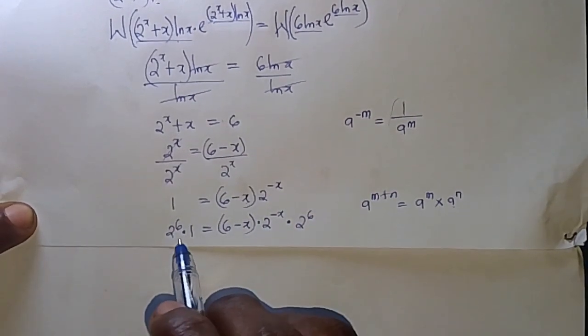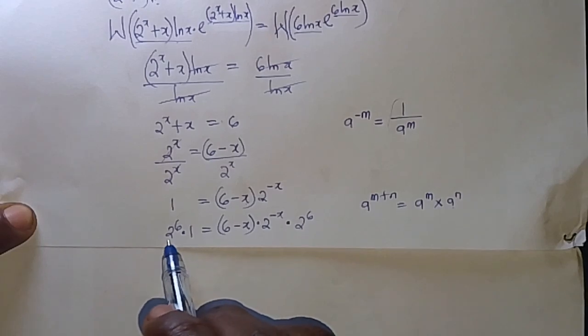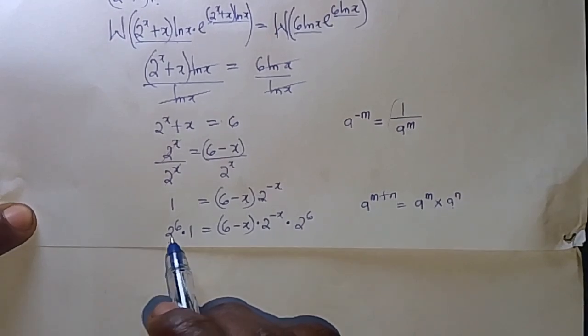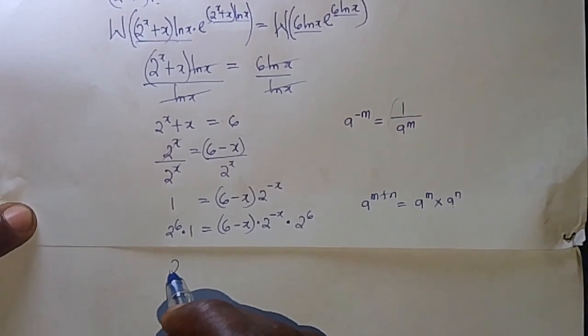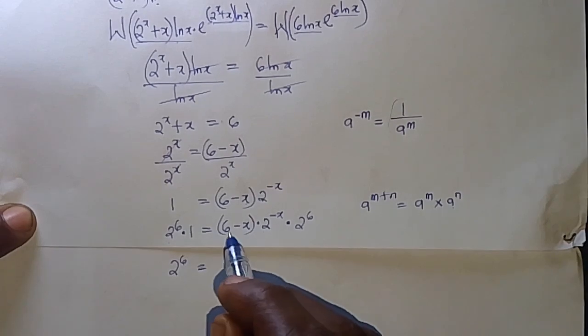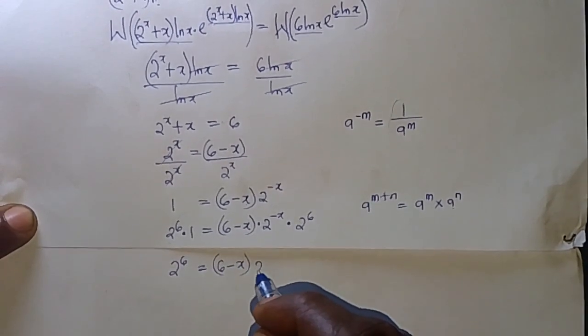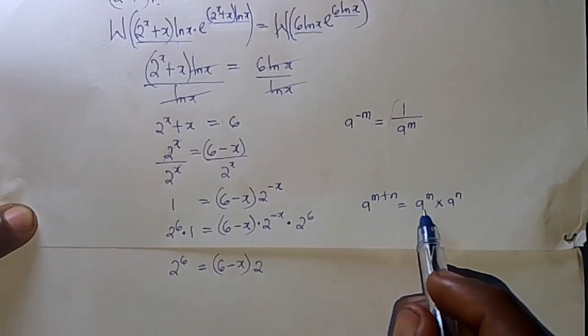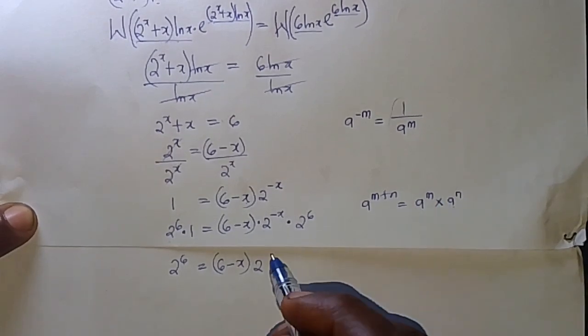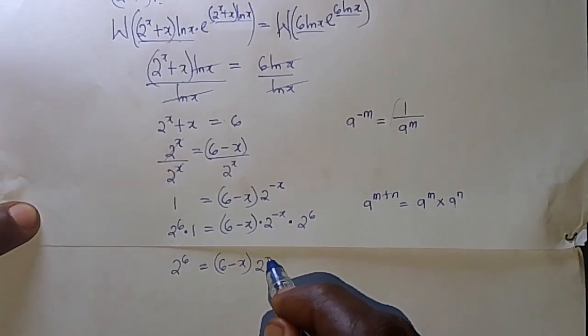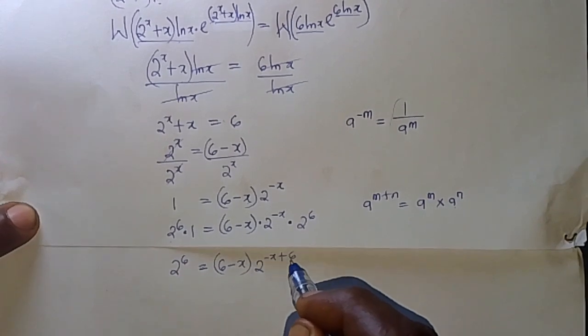So this can further be simplified. We know 1 times any number is that same number. So here we'll be having 2 to the power of 6 equals (6 minus x) multiplied by 2 to the power of 6. Recall we are applying the addition law of exponents. So this becomes 2 to the power of minus x plus 6.